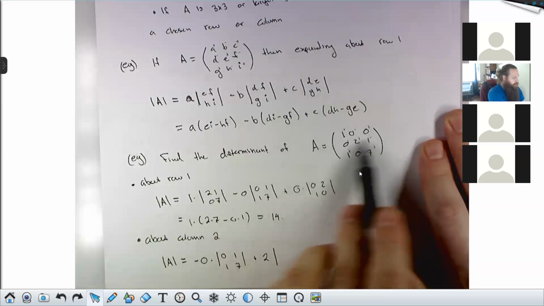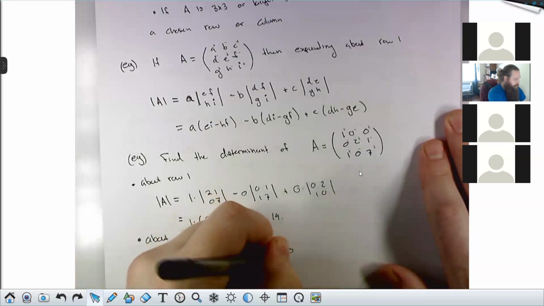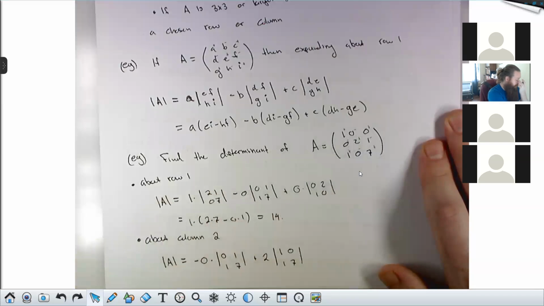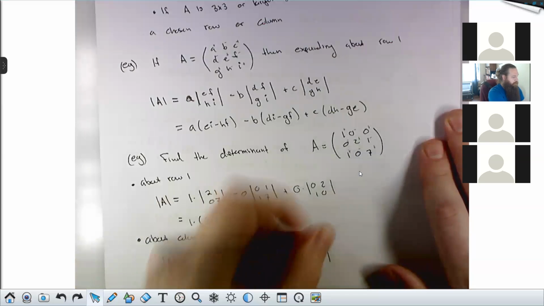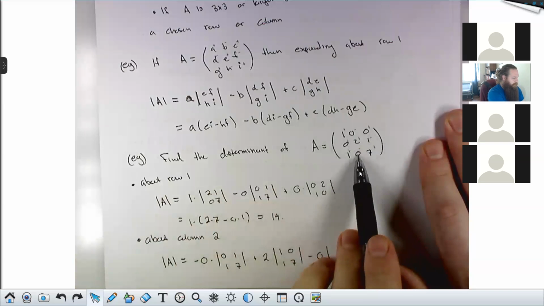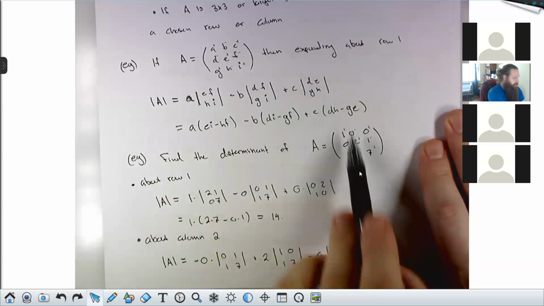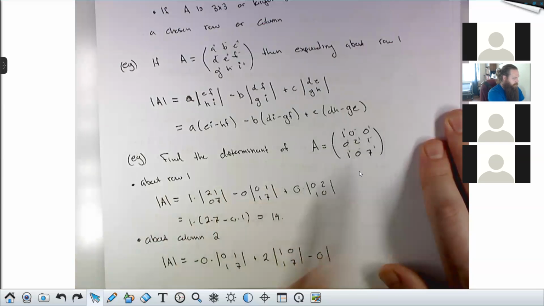So if I cover up row 2, column 2, that gives me 1, 0, 1, 7. And then finally, I would have minus 0 times the stuff I get by covering up row 3, column 2. This is my last cofactor there. So cover up this, and you've got 1, 0, 0, 1.